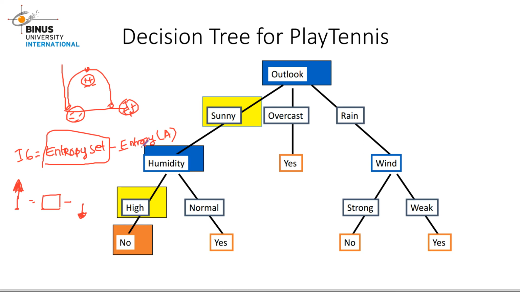So what happens if the entropy of attribute A is lower? Then the information gain will be higher. And the other way around, if the entropy of A is higher, then the information gain is lower.